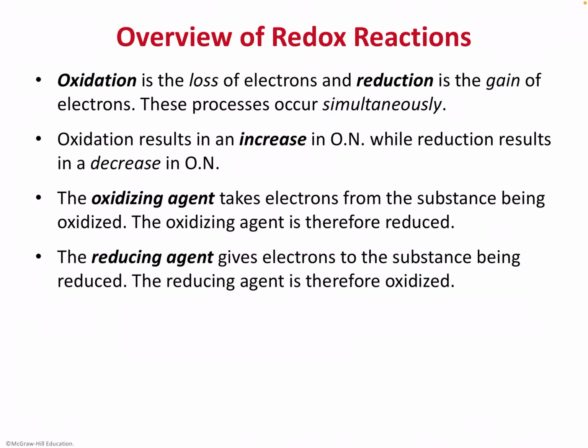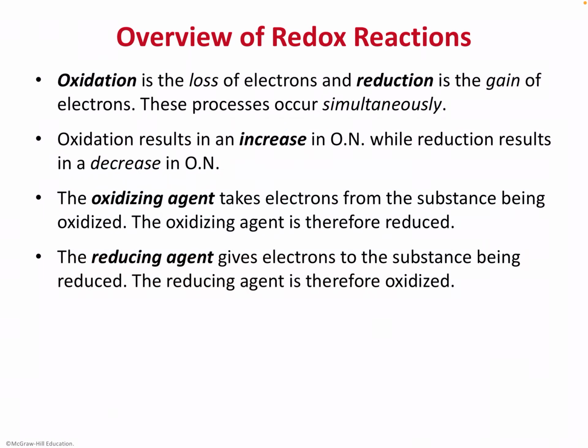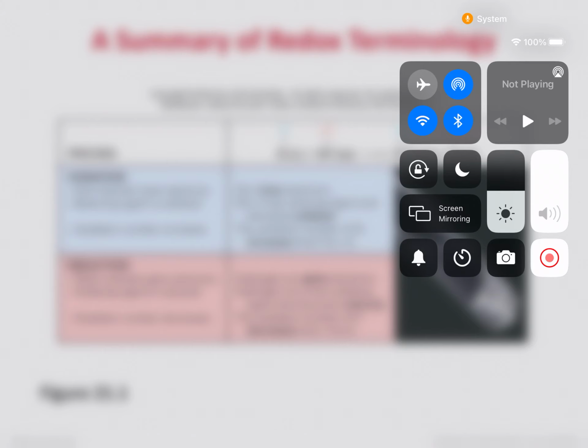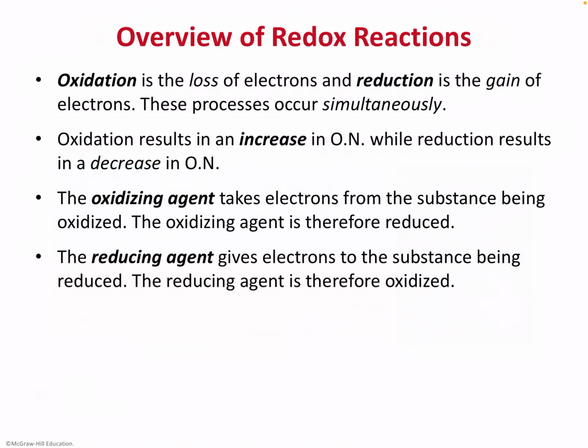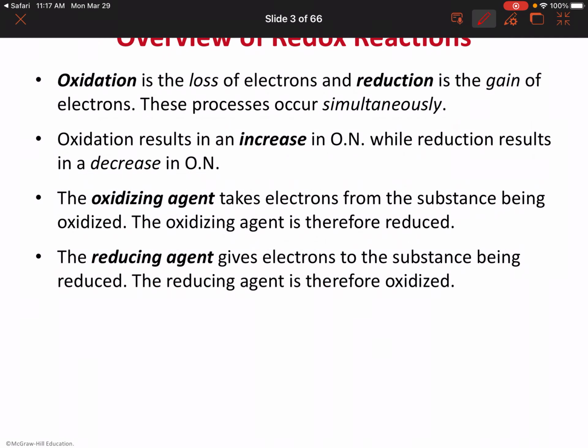Okay, we have come across redox reactions in general chemistry 1. Basically, we talked about oxidation and reduction. So what is oxidation? I hope you guys remember that we can remember oxidation and reduction using OIL RIG.